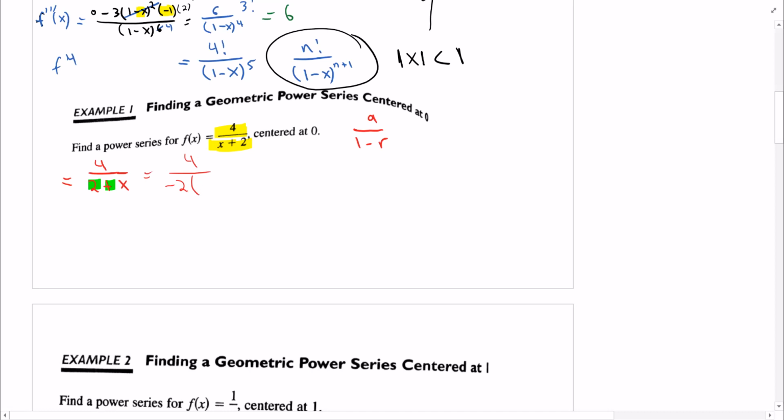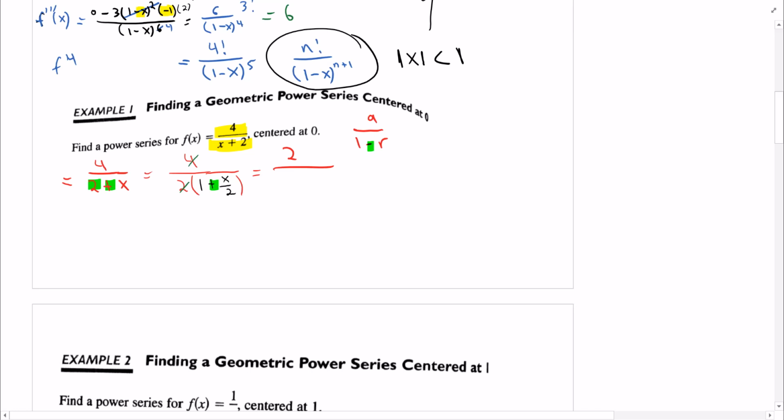Oh no, sorry, that's not factoring out a negative 2, because I need the 2 to become a positive 1, not a negative 1. So we're going to factor out a 2, and that's going to give us 1 plus x over 2. And then we see that this 4 and that 2 cancel a little bit, so now I have a 2 in the numerator, and I need a negative sign right here, but I have a positive sign.